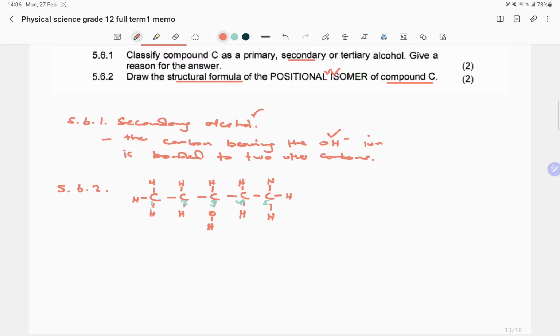Now, I'm not sure if we're going to be happy about that, but by definition, it is a positional isomer. I would rather we keep to the same category, secondary alcohols, but you would not be punished if you put the OH either in the first carbon or the last carbon, because it's one and the same thing.